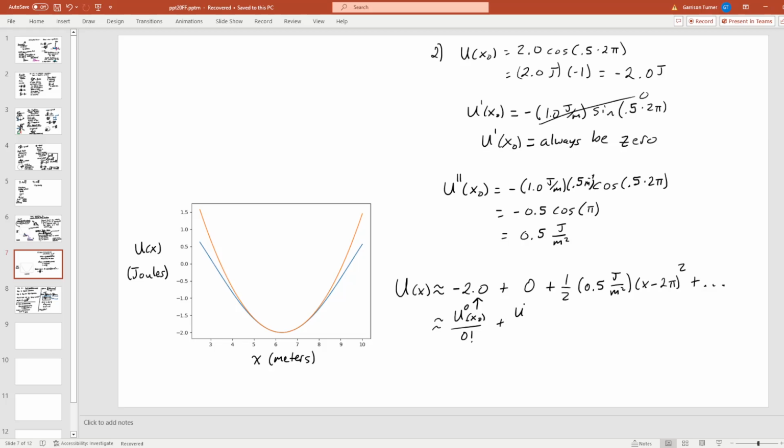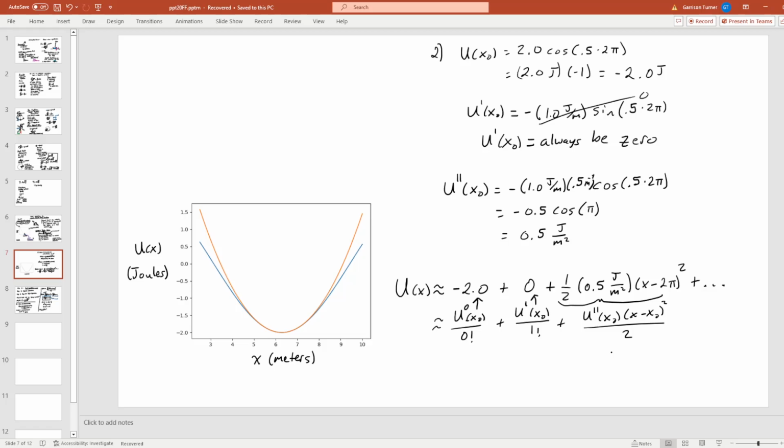This is u prime at x naught over 1 factorial. And this is u double prime evaluated at x naught times x minus x naught squared over 2. Okay?